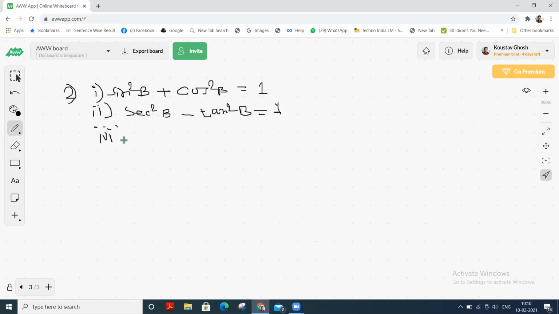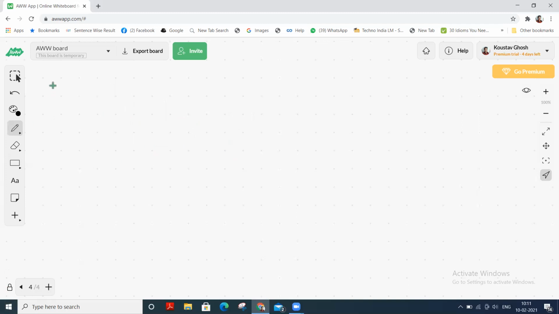And last, in the same way, cosec square B minus cot square B equals 1. So these three are the same. You can write it this way also: sin square B plus cos square B equals sec square B minus tan square B equals cosec square B minus cot square B equals 1. Then I'm going to share the values of trigonometric ratios.